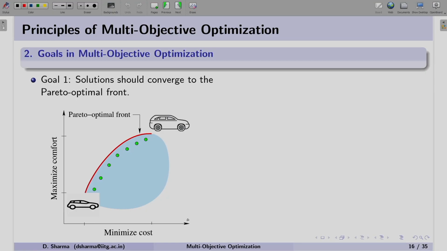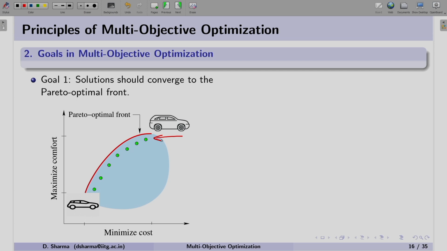The second principle is the goals. So, the goals in multi-objective optimization. Let us understand that. If we take the same example here, we are solving this particular problem, and when we solve it, we get the solutions as shown in the green dots.